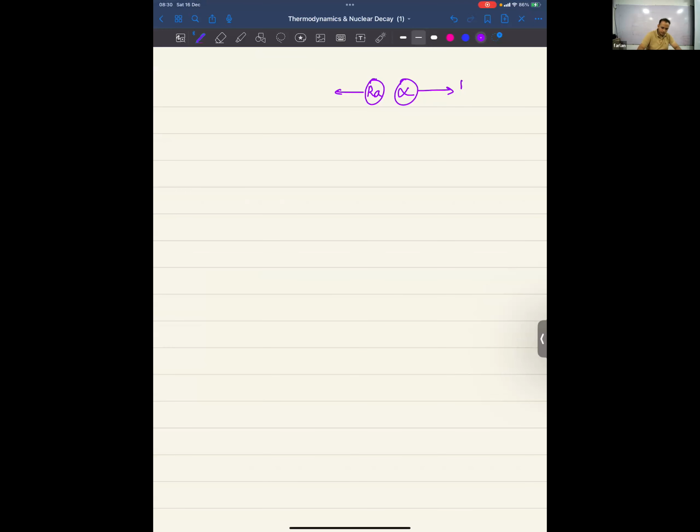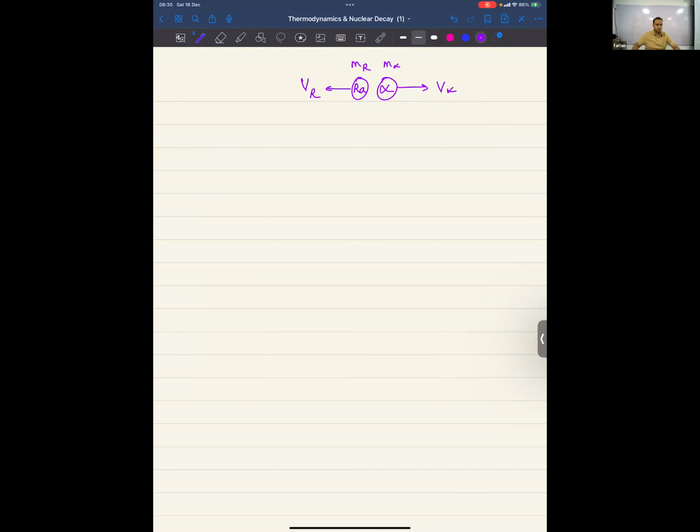So the mass of the alpha particle is m alpha. Mass of the radium, I'll take it as mr. Speed of the alpha particle, I'll take it as v alpha. Speed of the radium, I will take it as vr. Listen to me carefully. So guys, momentum is conserved. Momentum of this particle, P alpha, is m alpha v alpha.